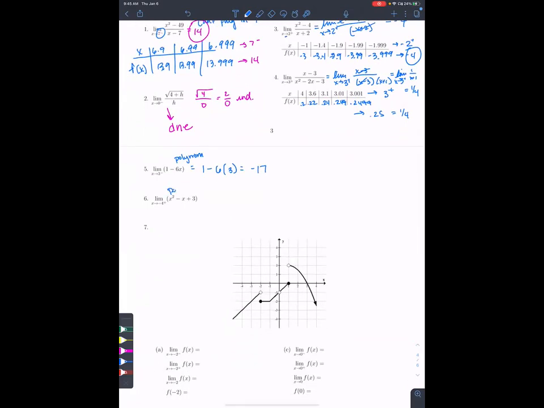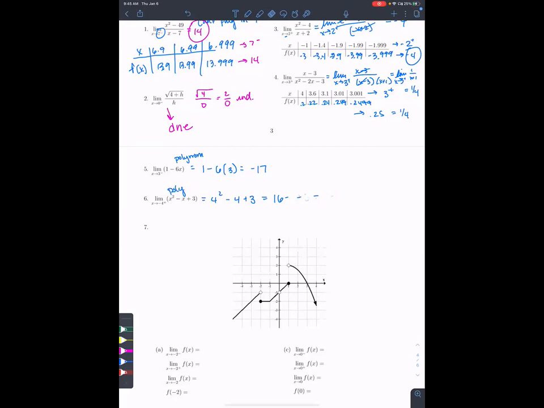Same thing on this one, it's a polynomial, so just plug and go. So we have 4 squared minus 4 plus 3. So 16 minus 4 plus 3. So 16 minus 1 is 15. Oh, that should be a -4, my bad.